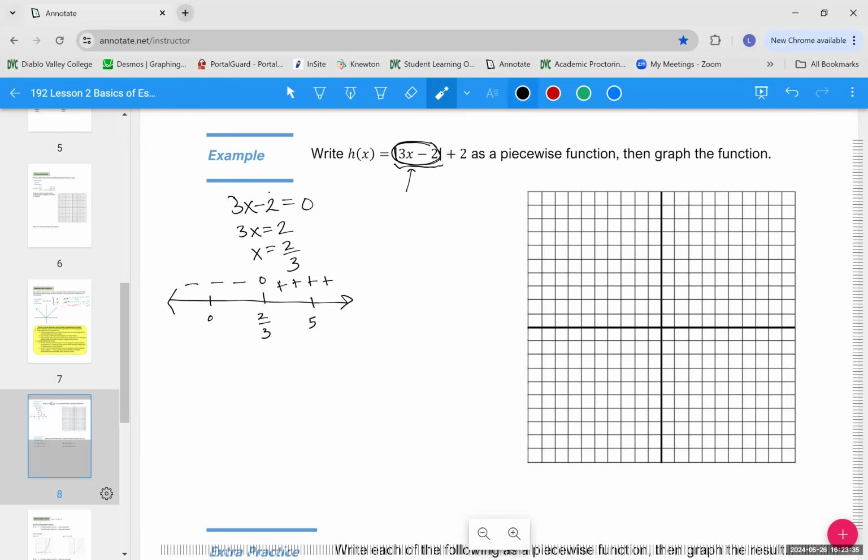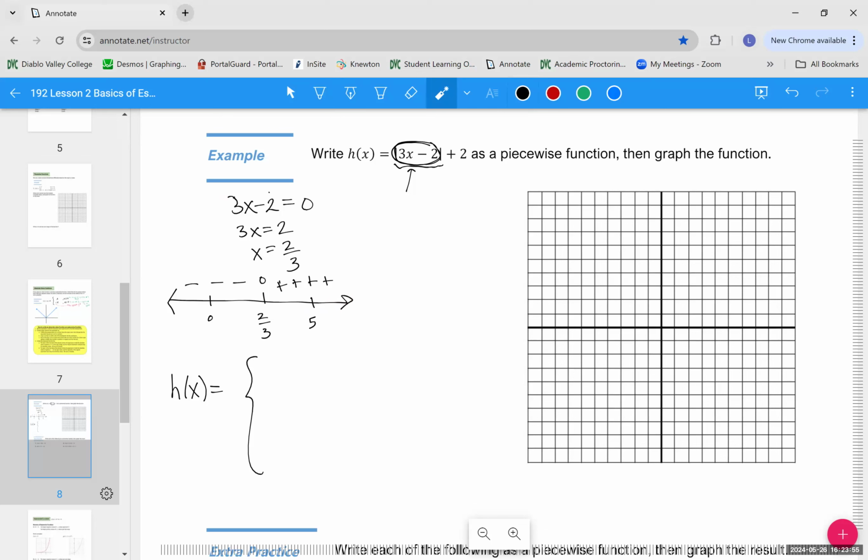And that matters because when we go to write h of x as a piecewise function, we're going to start by saying, well, this absolute value is equal to just itself. So 3x minus 2 in the place where the values are positive.